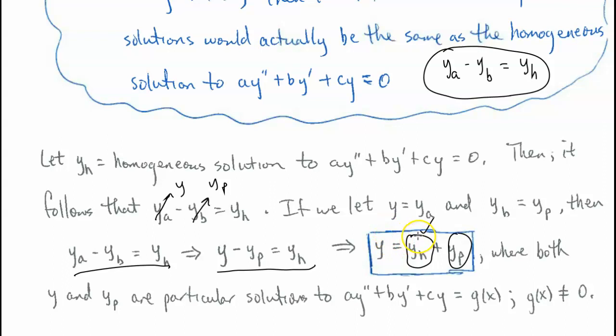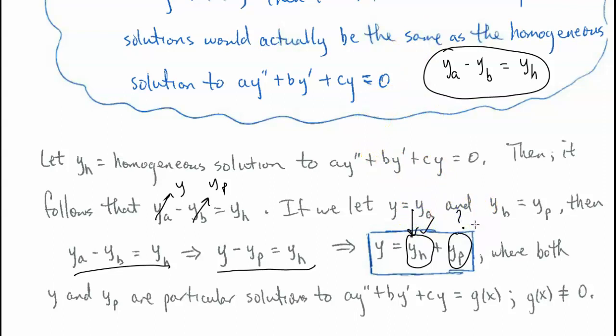Okay, so now we've gone through the process of showing why we actually need the sum of the homogeneous solution plus a particular solution to come up with a suitable solution for a second order linear ordinary differential equation that is non-homogeneous. Now, the big question is, we know that we can easily find out what the homogeneous solutions are.